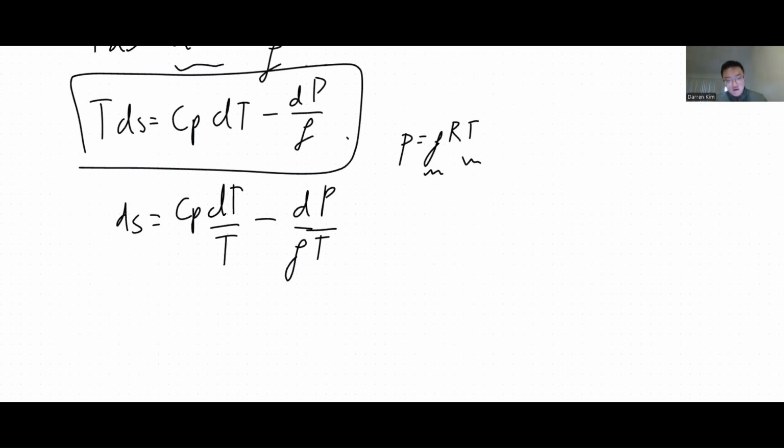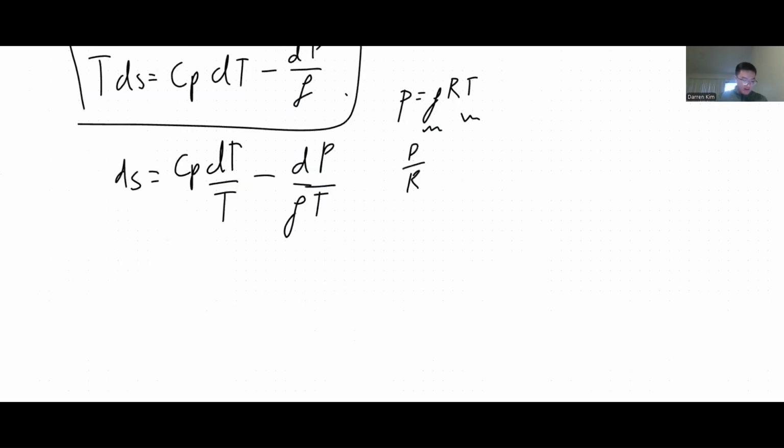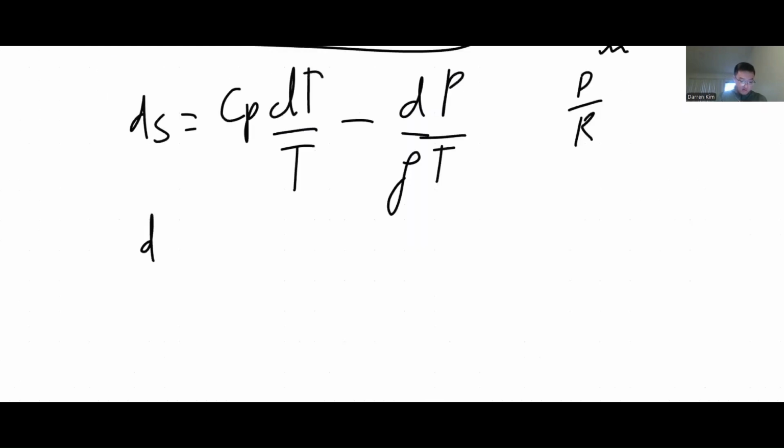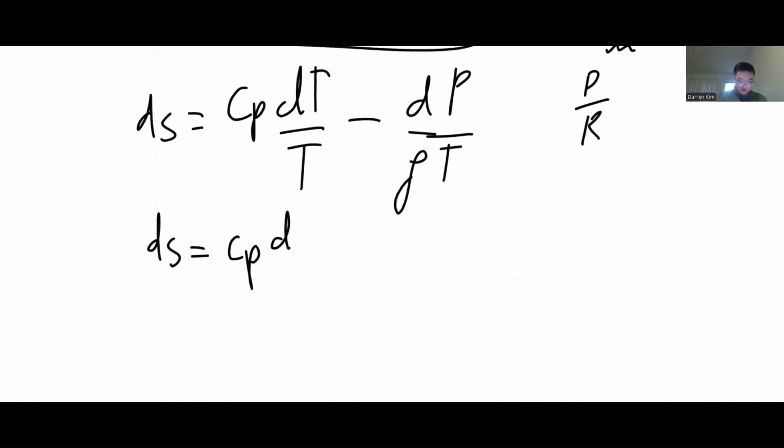But I'm not putting that well. So just ignore the bad stuff I'm saying, because I don't know what I'm saying anymore. dP over P, and there we have it.